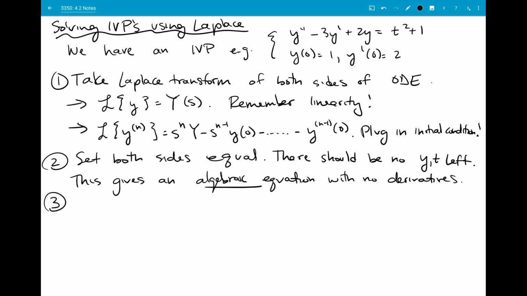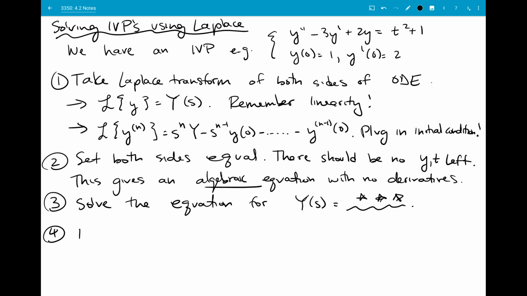But once you have that algebraic equation, just solve it for capital Y of s equal to some stuff. And that's going to be different for each problem what that stuff is. But you're just isolating Y on one side, seeing everything else left on the other.